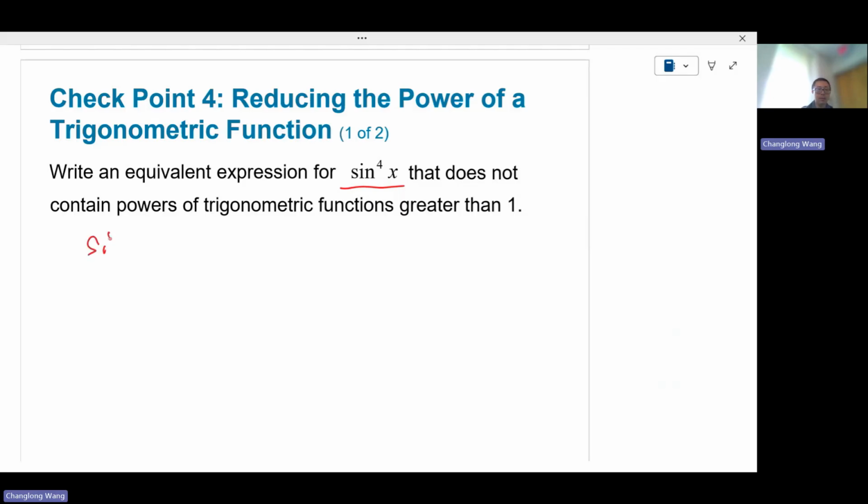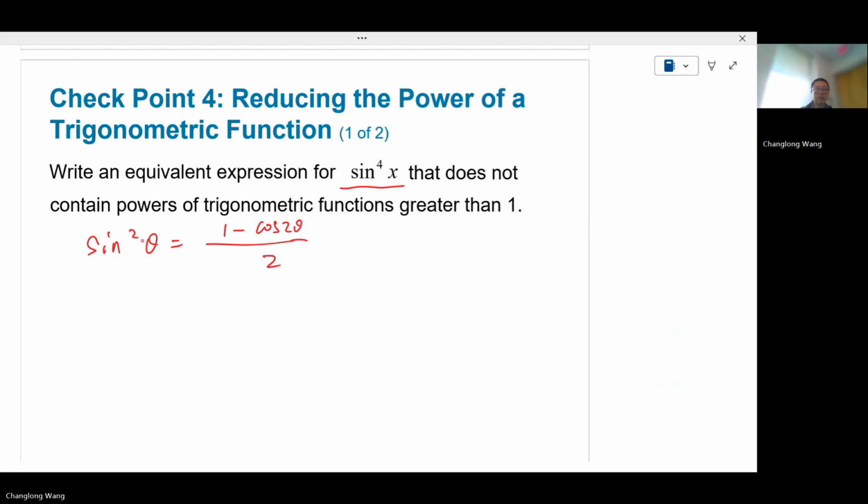I'm going to write it down so you can take a look. Even though we're using theta, I hope you know that x and theta are the same. It's just different labels. So to reduce the power of the sine, you get sine squared theta equals 1 minus cosine 2 theta over 2.